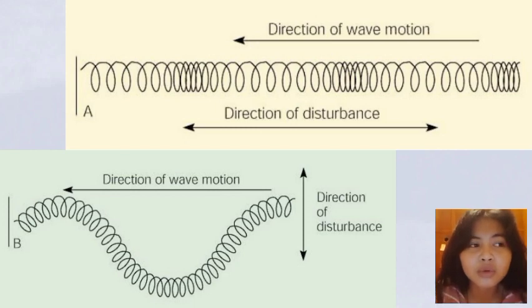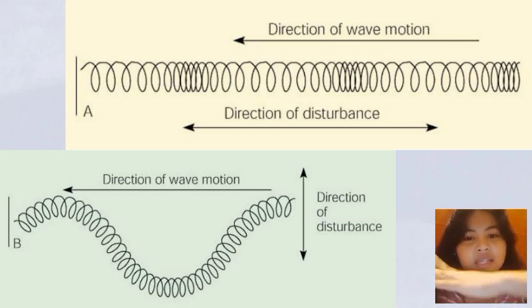The disturbance vibrates in the same orientation as the direction of the wave motion. The wave P is classified as a transverse wave. Why is that so? From the arrow itself, it is perpendicular, which forms a 90-degree angle.